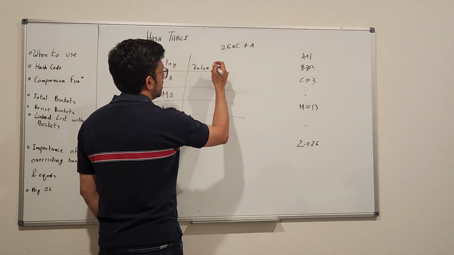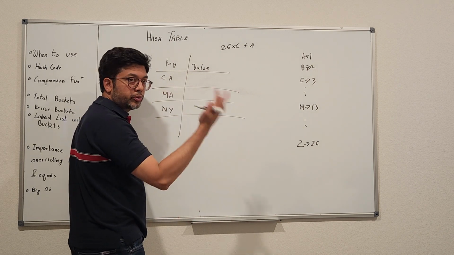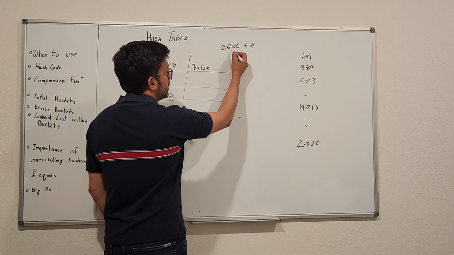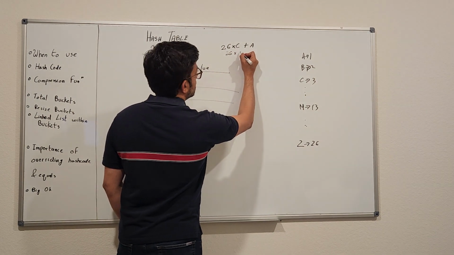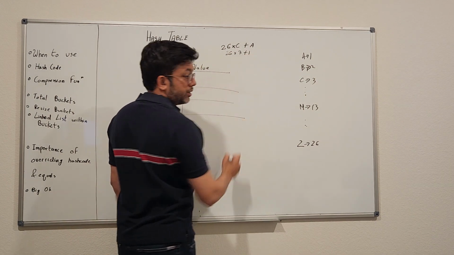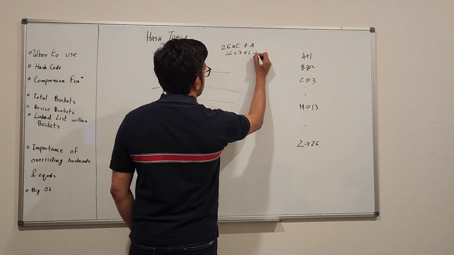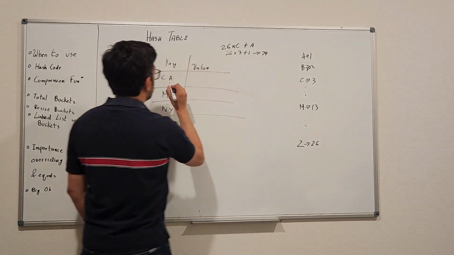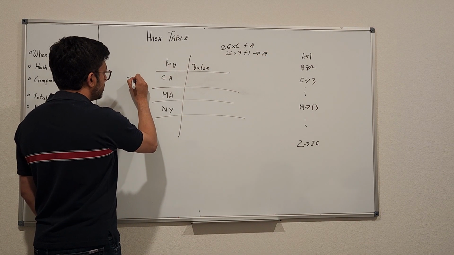If we do it this way, we can convert every abbreviation into a unique number. So 26 times C plus A, which will be 26 times 3 plus 1, which is 79. So I can convert California, CA, into the number 79.